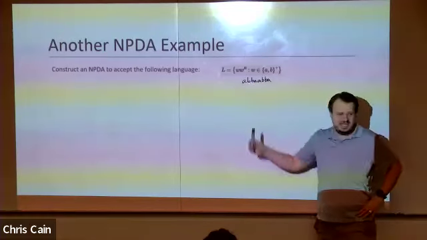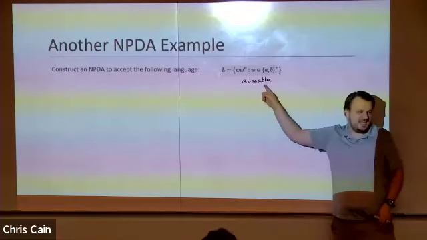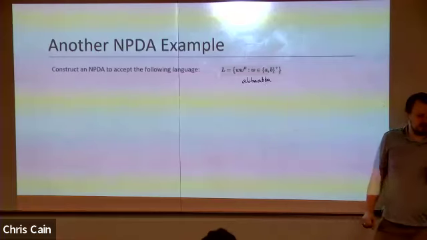Because this is an NPDA, it's non-deterministic. If there exists a path to a final state at the end of this, then we accept. So my hint to you is, don't even worry about that case. It's not relevant to the solution.